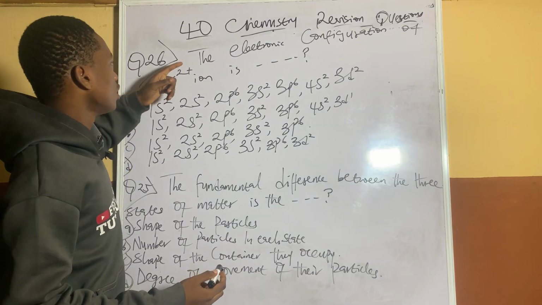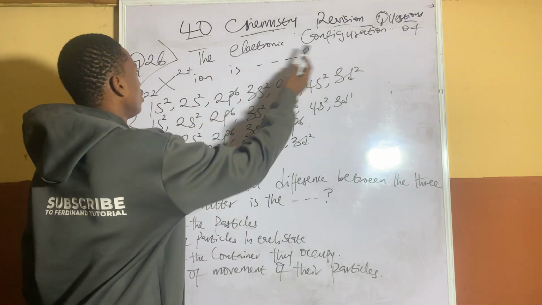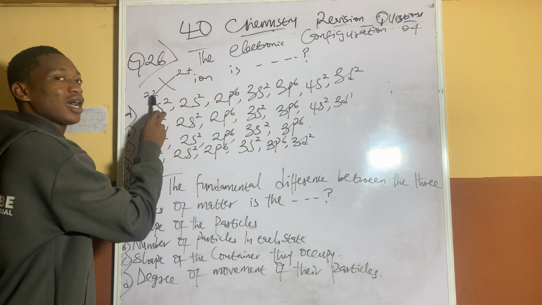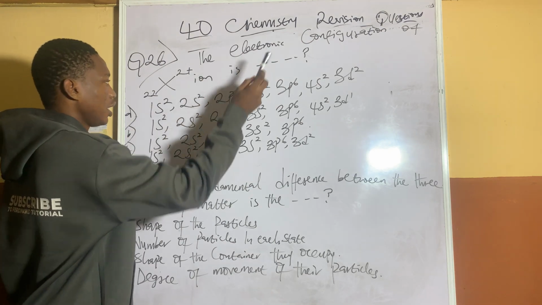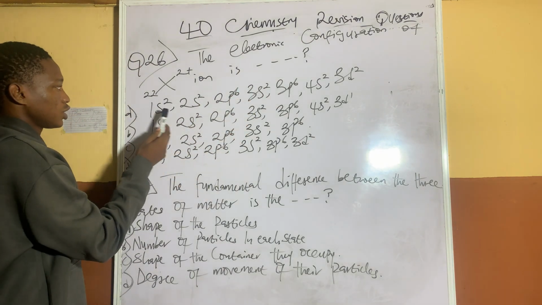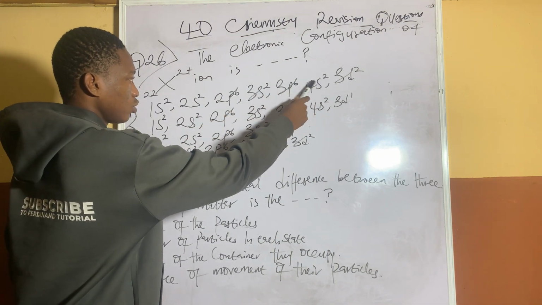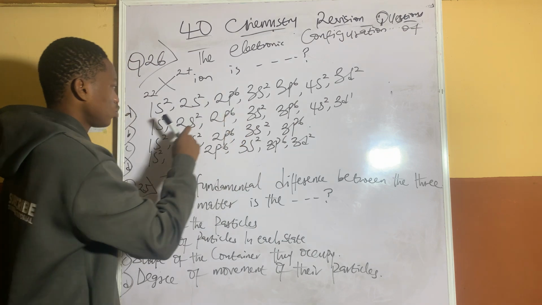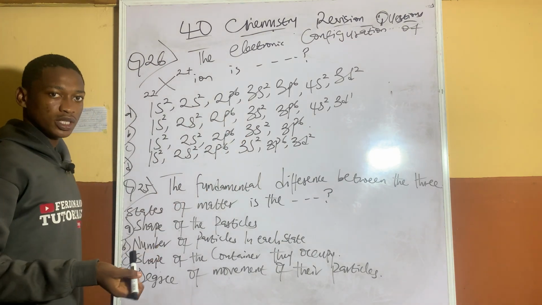Question 26 says, the electronic configuration of X, atomic number 22, valency of 2 plus ion is dash. Now, look at the options they give us: 1s2, 2s2, 2p6, 3s2, 3p6, 4s2, 3d2, up until we get to the D part. Now, I want you to understand something.